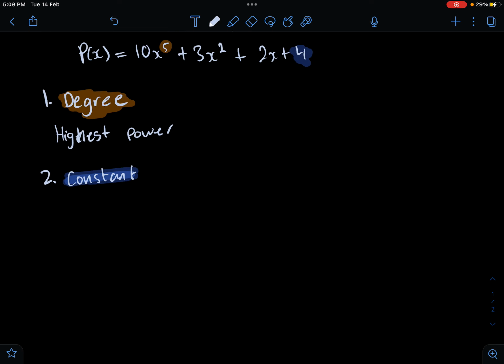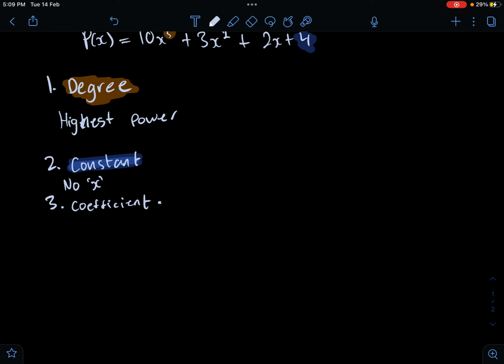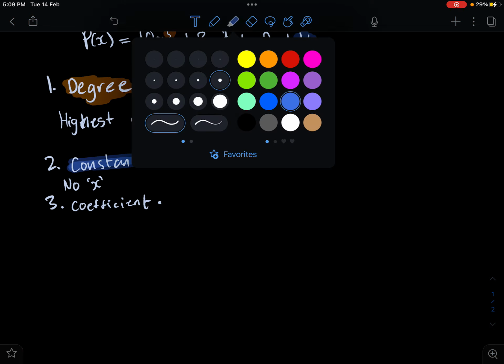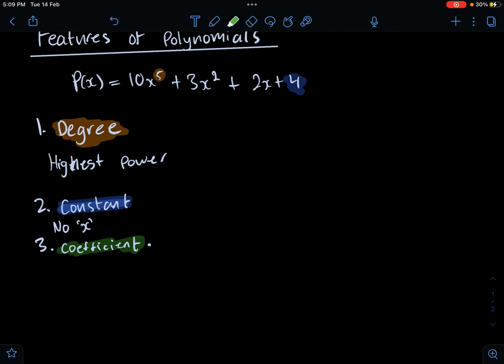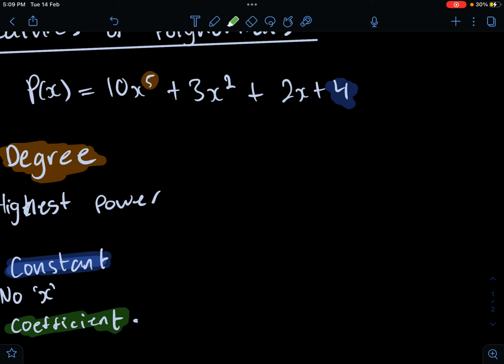Now, for a third term, coefficient. I actually think I just used this word now, so I shouldn't have gone out of order there, but either way, the coefficient is the number in front of the x, so it's what you're multiplying the term by.